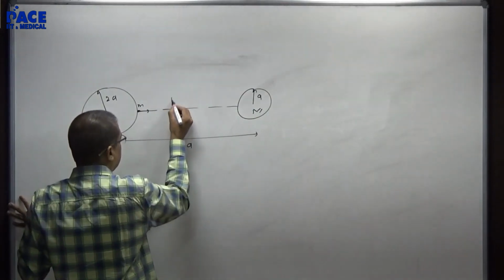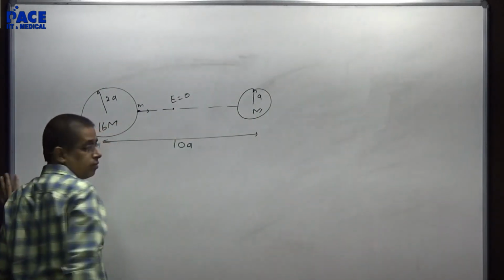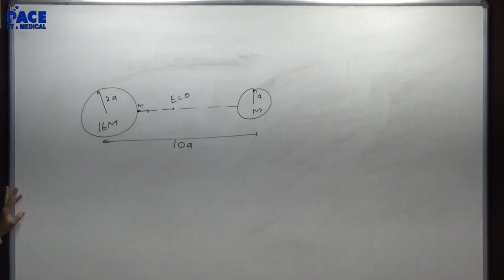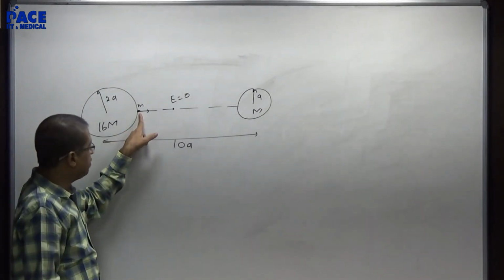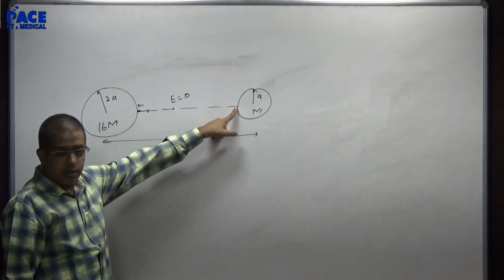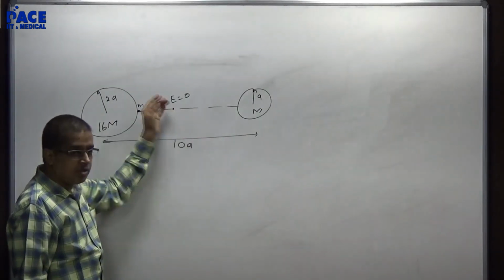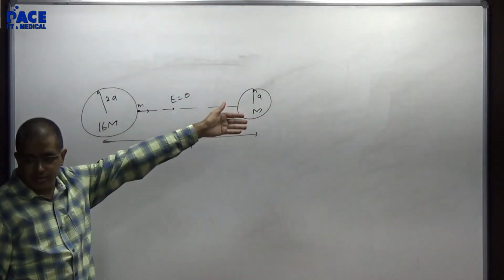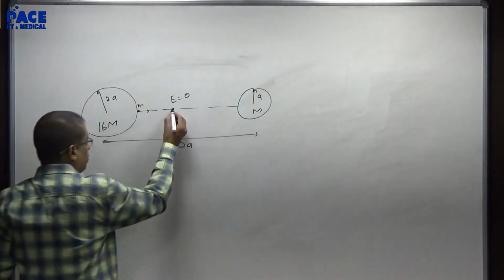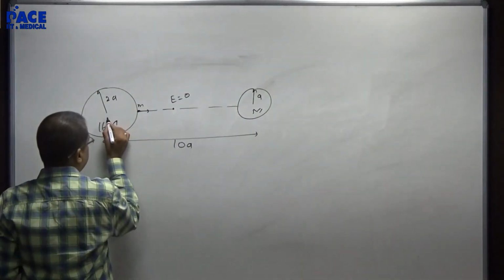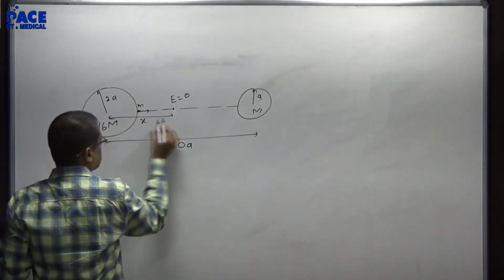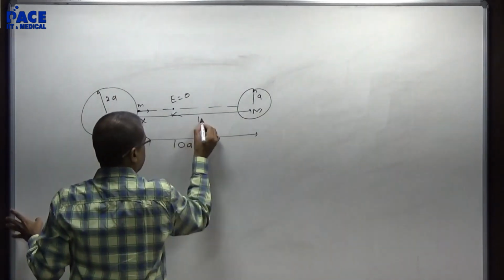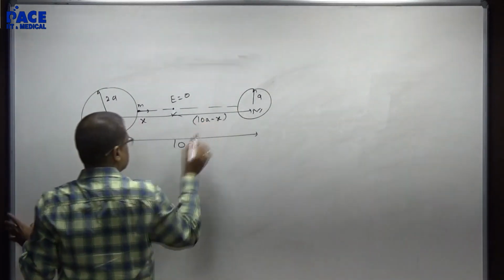somewhere in between the field will be 0. You need not send it with the velocity for it to reach here. If you can just make it cross this point, it will be naturally pulled into it. So first find out the point where the field will be 0. I take this total distance to be x. This will be 10a minus x.